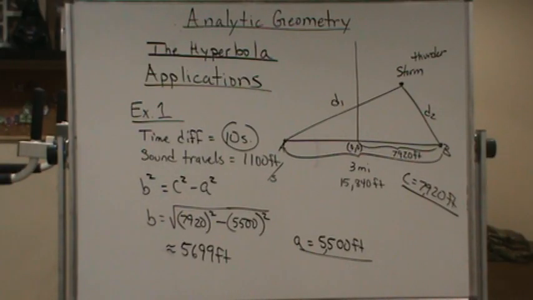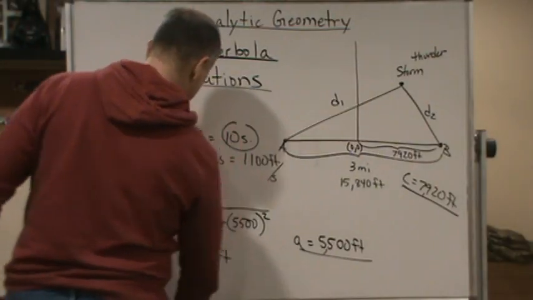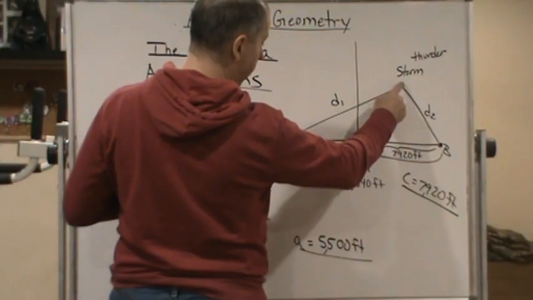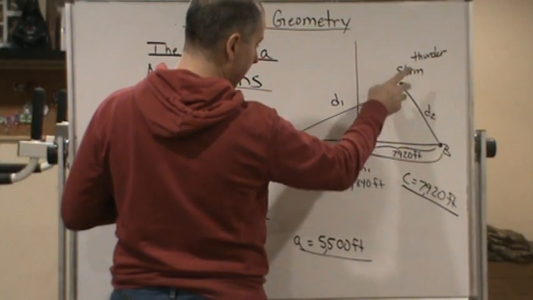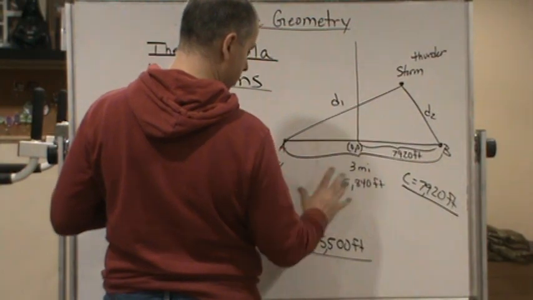Okay, so that is your value for b. So that means the source of the sound must be at a point on the following curve, right? Based on this information, wherever this point is, we know that this distance minus this distance has to be equal to 2a.